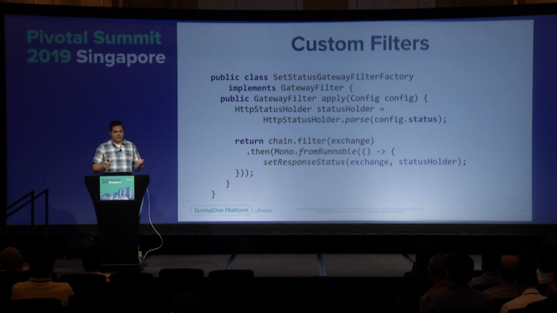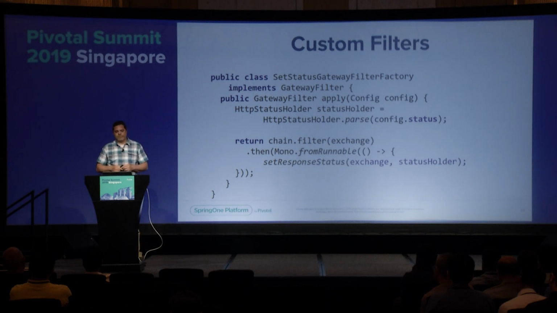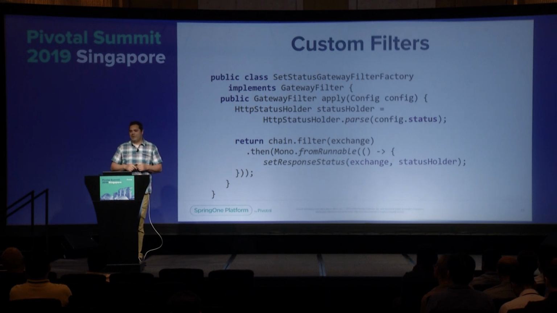So as I looked at the source code for Zuul 2, I decided that I was going to have to reinvent a lot of wheels, things that Spring already provided me. And when I first talked about Gateway, when it first came out, I would tell people that you should never write your own gateway. And then someone turned around and said, well, so how come you can write one?